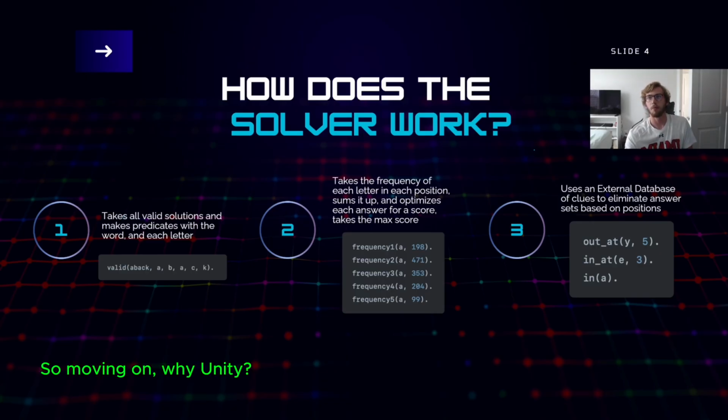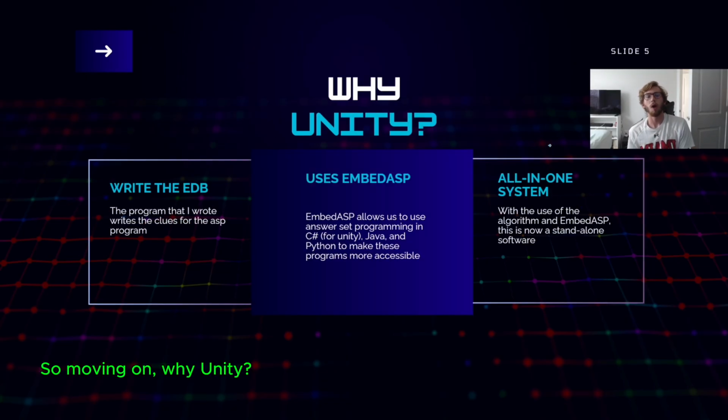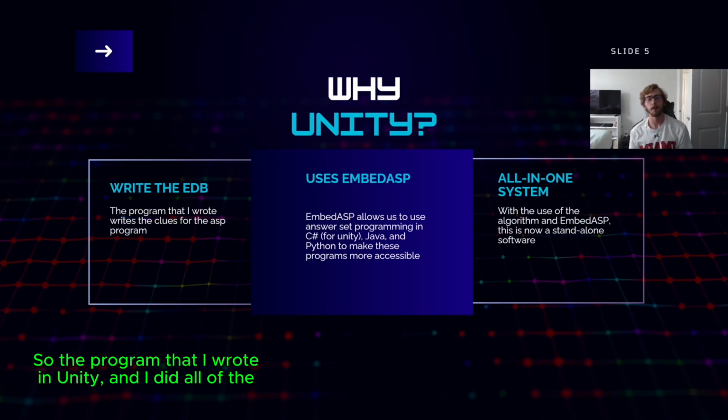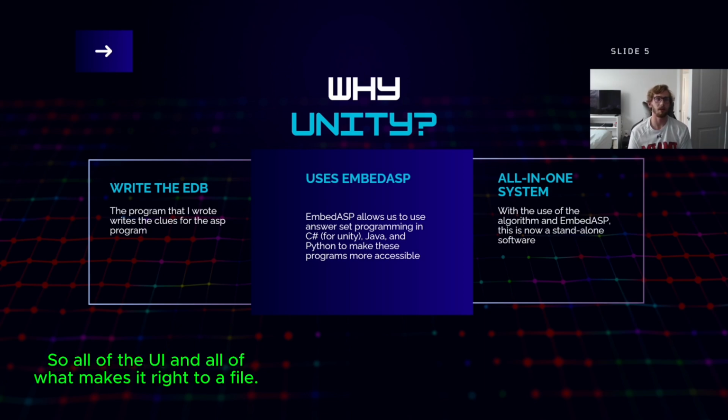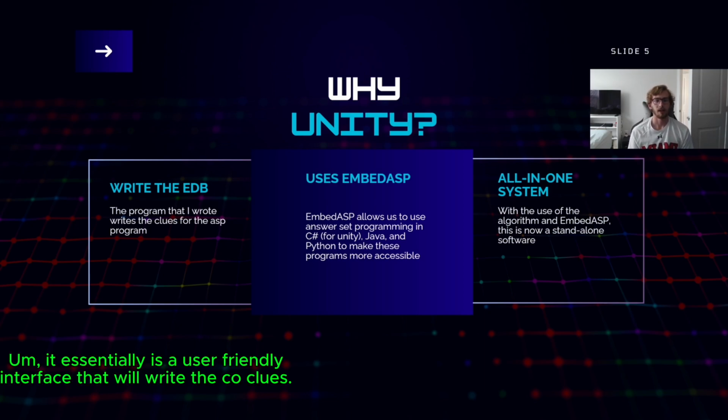So, moving on, why Unity? The program that I wrote in Unity, I did all of the front end on this, so all of the UI and all of what makes it write to a file. It is a user-friendly interface that will write the clues.